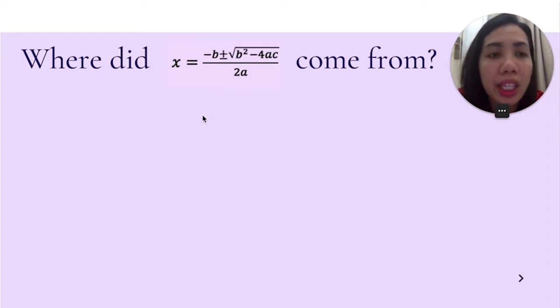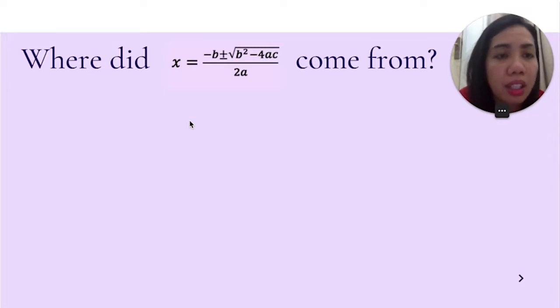Before we go ahead and use this formula, we're going to see how to derive it. This is actually the third method for solving the quadratic equation. In the previous videos we learned factorization, the first method, and completing the square, the second method.